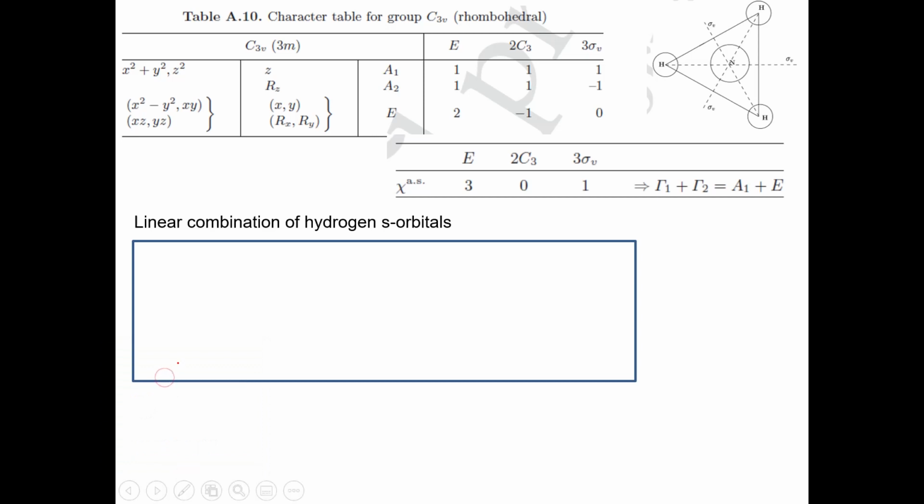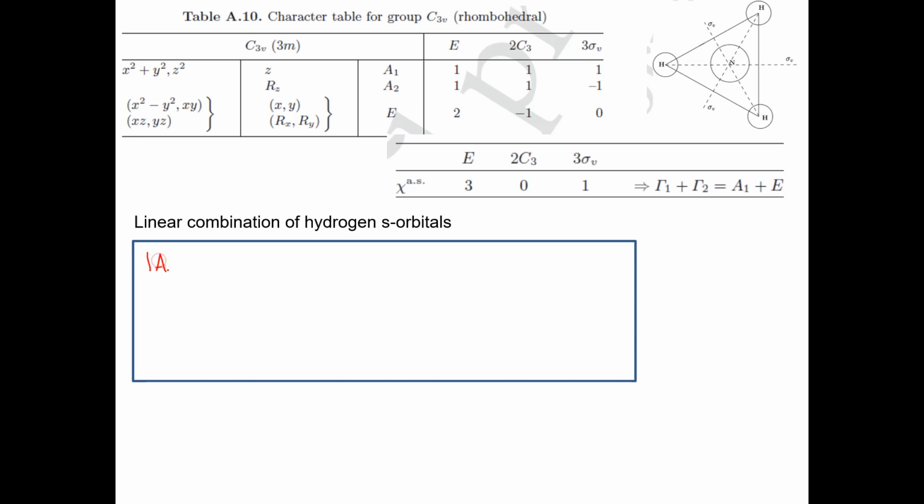The idea is that if we want to find basis functions as linear combinations of these hydrogen s orbitals with these specific symmetries, this is the exercise we have done already, and the result I'm going to reproduce here.